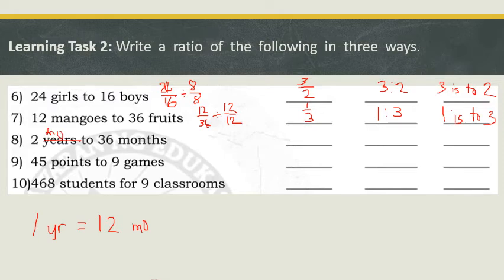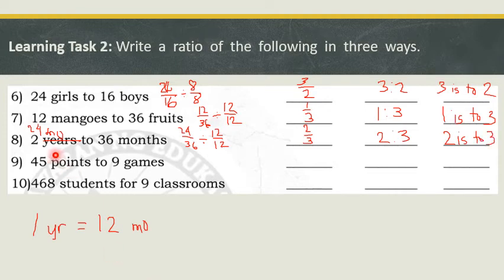So, 12 times 2 is 24. So, we have 24 months to 36 months. So, saan po ito pwedeng i-divide? Pwede natin i-divide ito sa 12. So, 24 divided by 12 is 2. 36 divided by 12 is 3. So, magiging 2:3. So, ganun din po dito sa dulo.